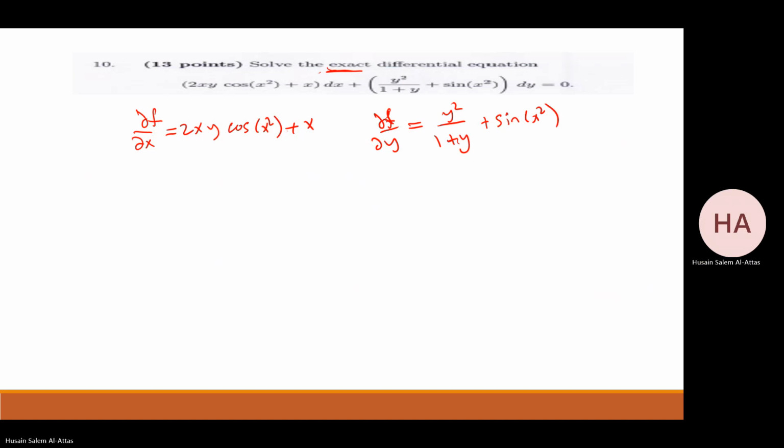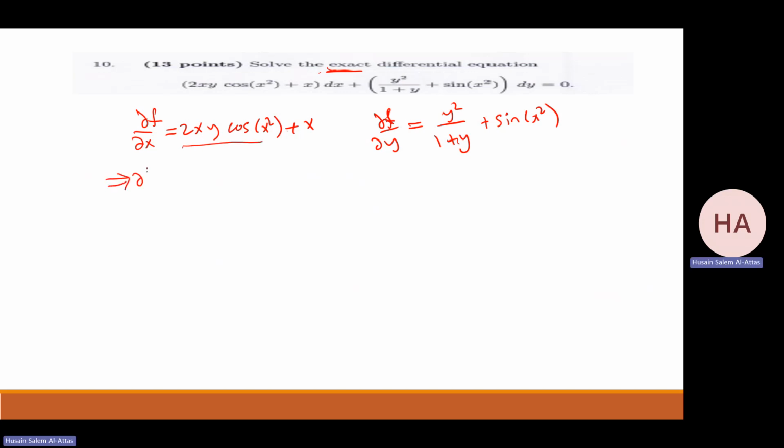Let's start with one. Which one is easier? I can start with this one.